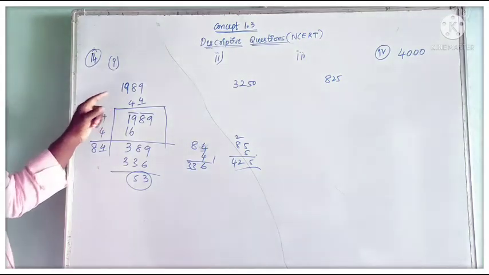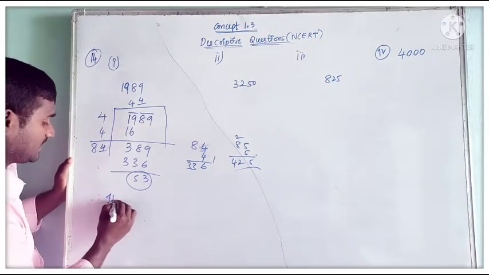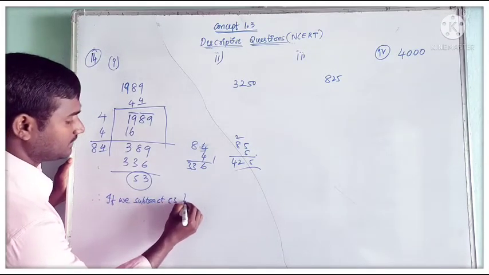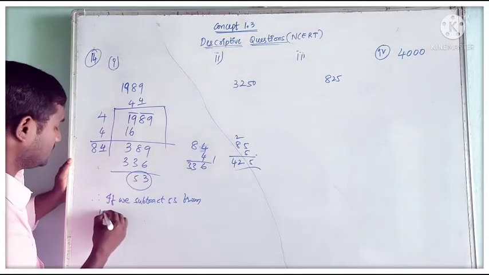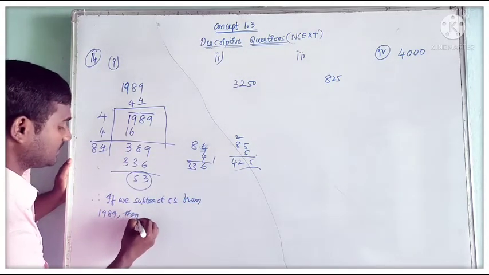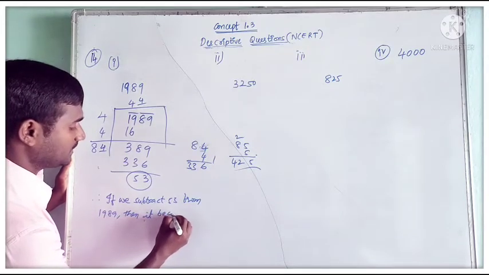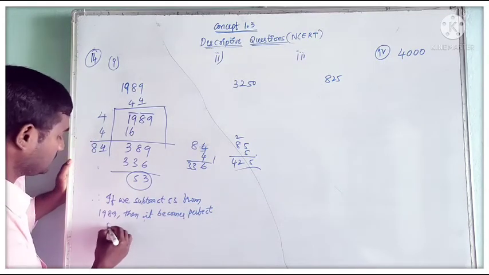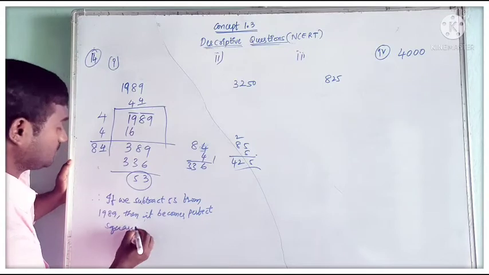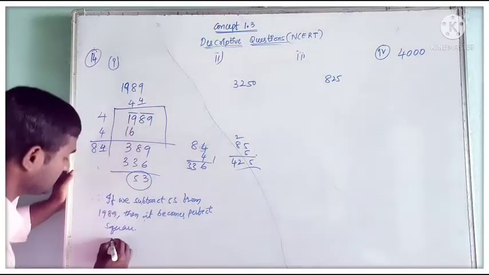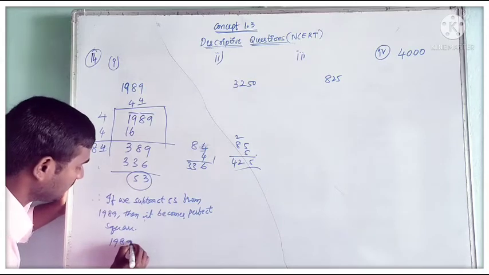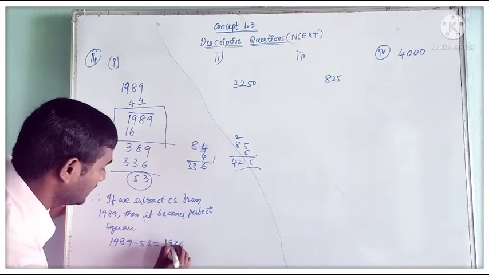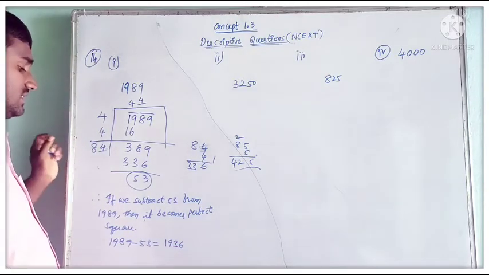53. Therefore, if we subtract 53 from 1989, then it becomes a perfect square. 1989 minus 53 is 1936.